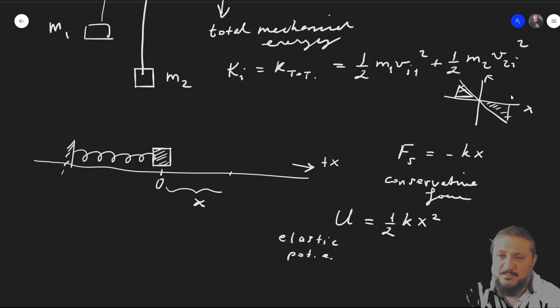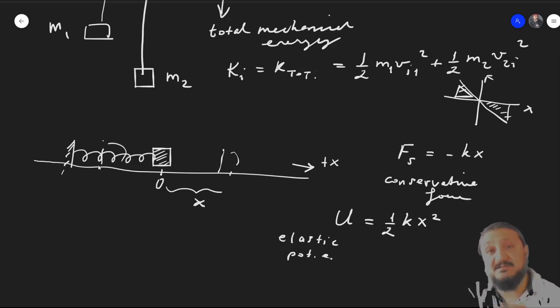But pay attention to that form, 1/2 kx squared. Whether you're to the right or to the left of the equilibrium point, meaning whether x is positive or negative, you're squaring it. So the elastic potential energy of a spring is always positive.